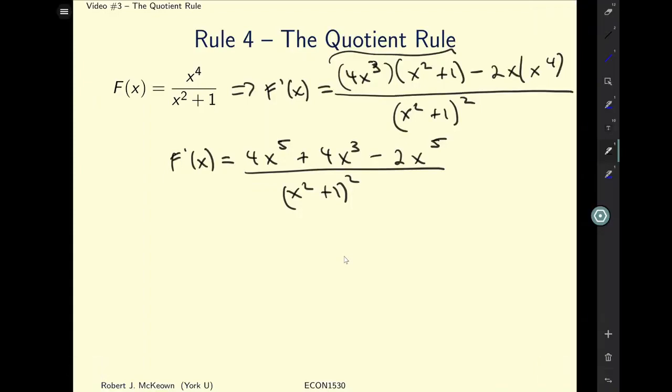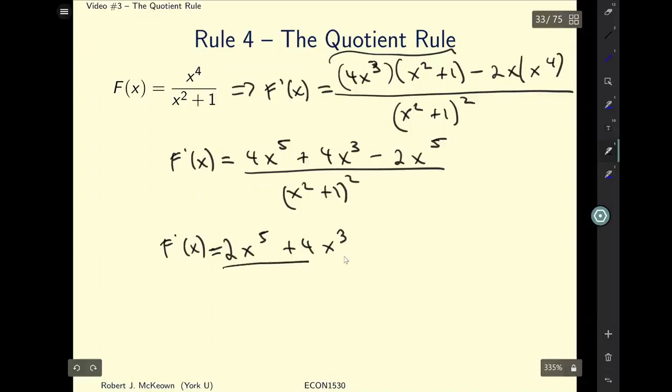Now looking at the numerator, I have some like terms. So I've got 2x to the power of 5 terms, and there's a negative sign. So we're going to get 2x to the 5 plus 4x cubed divided by x squared plus 1, squared.